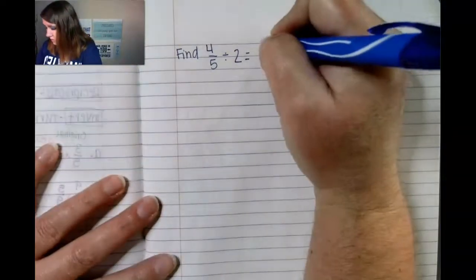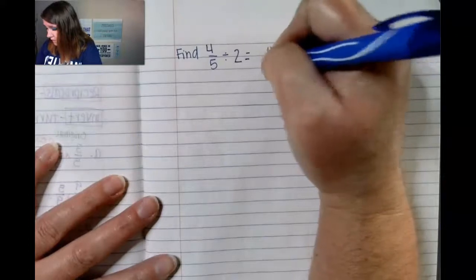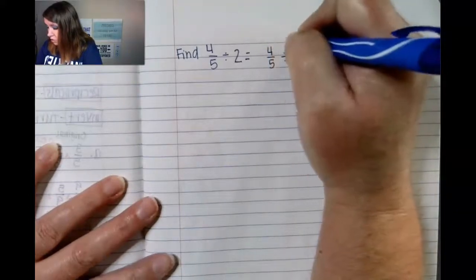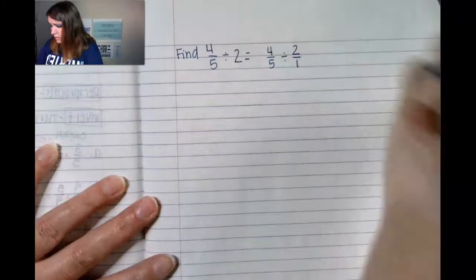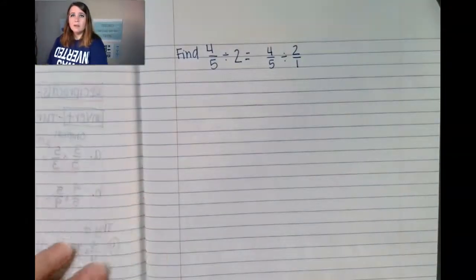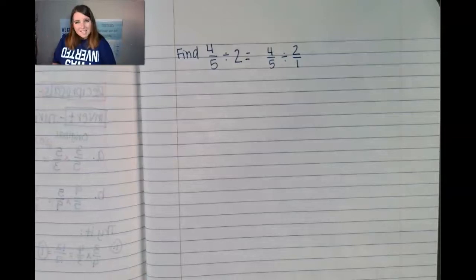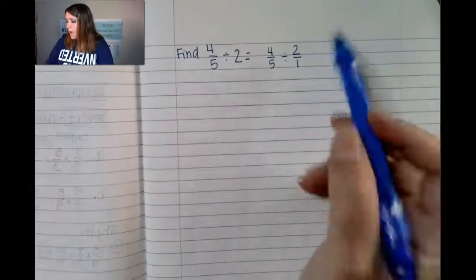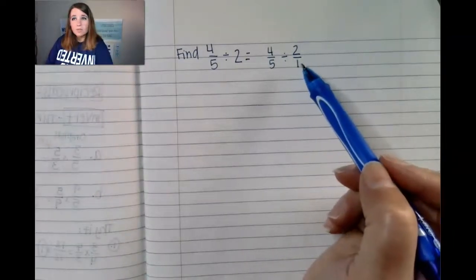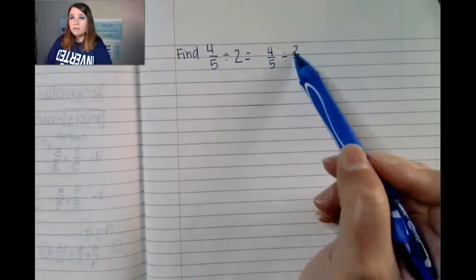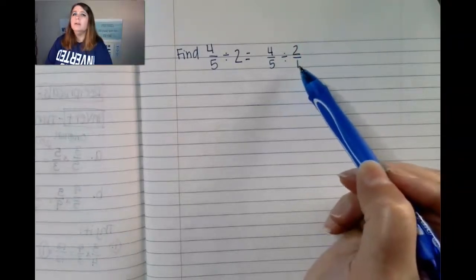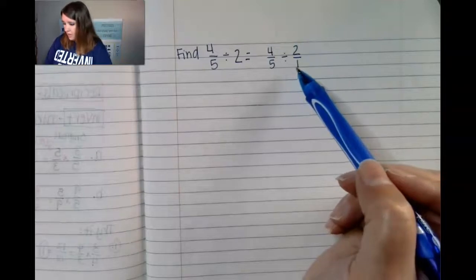Okay, so this really means 4/5 divided by 2/1. Oh, so I'm just slapping a 1 under it. That was easy. I don't know why I didn't know how to do that. Okay, so I have 2 wholes. Thank you for telling me how to do that.